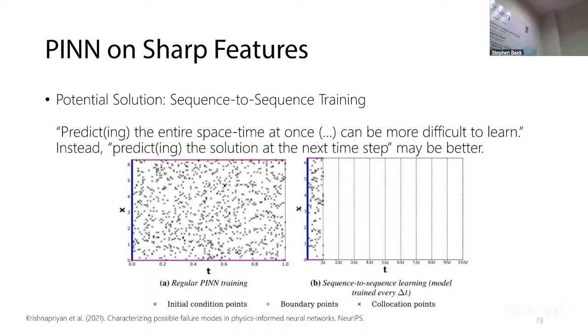You set some small delta t, and using that small interval of time, you train PINN and make predictions there, and then slide the time window to the next delta t, and solve the problem on that next segment, and so on and so forth. That is one possibility. The other is adaptive sampling, like what we've been talking about.